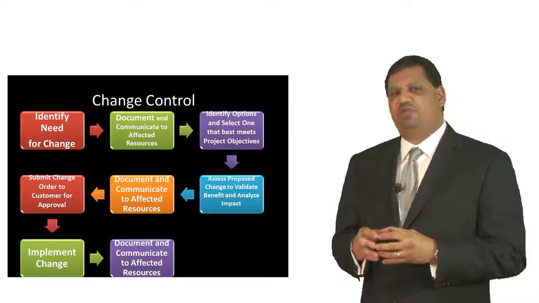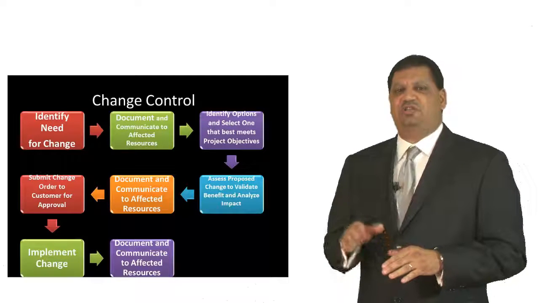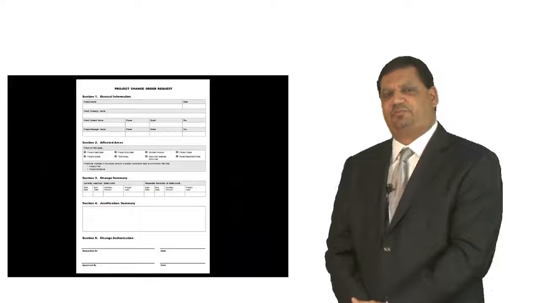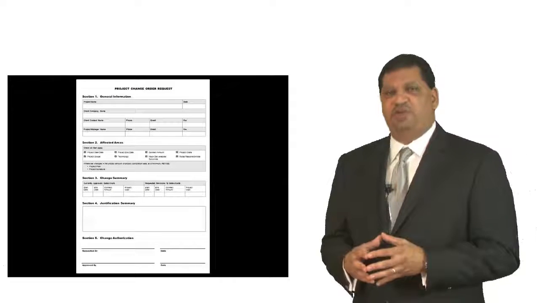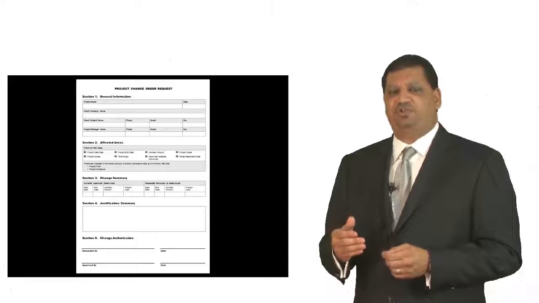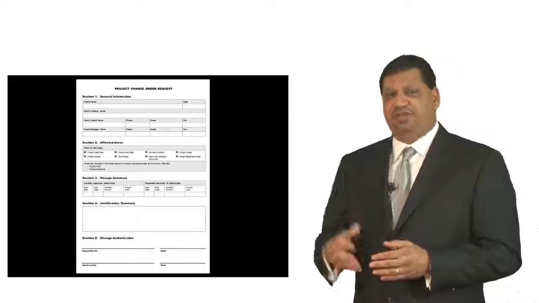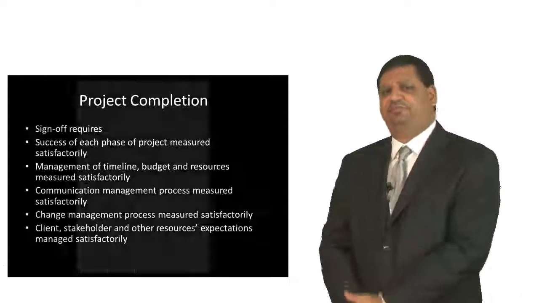The client then approves the change, we implement the change, and then we document that that change has been implemented to all affected resources. Now, typically, the project manager will use a change order form in order to document the need for change and receive the required acceptance from the client to implement that change in order to achieve the success criteria of that phase of the project.